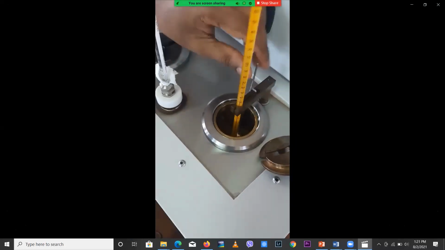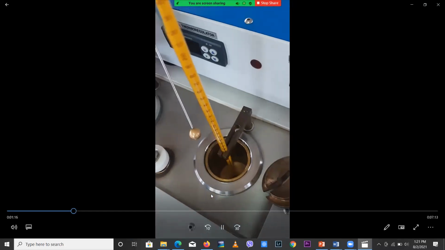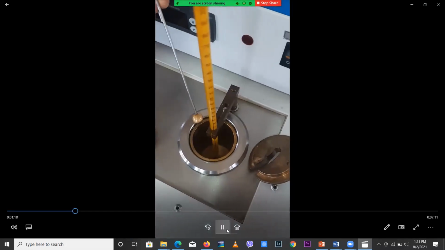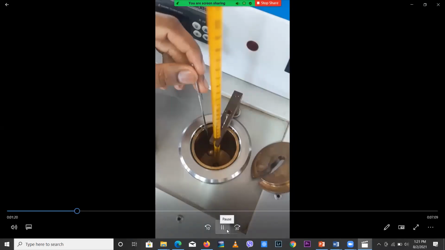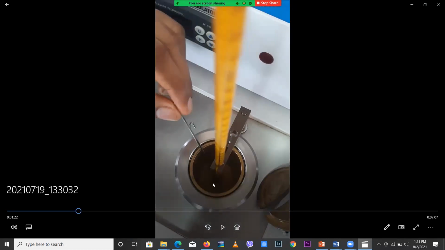Before that, using this ball valve, we have to close the orifice. Under the cup there is a spherical part, and that spherical shape matches the ball, with the same diameter.